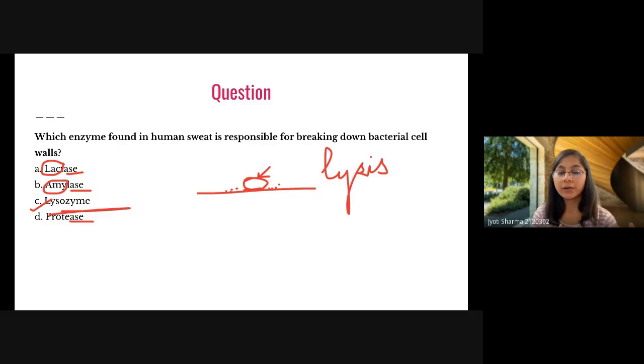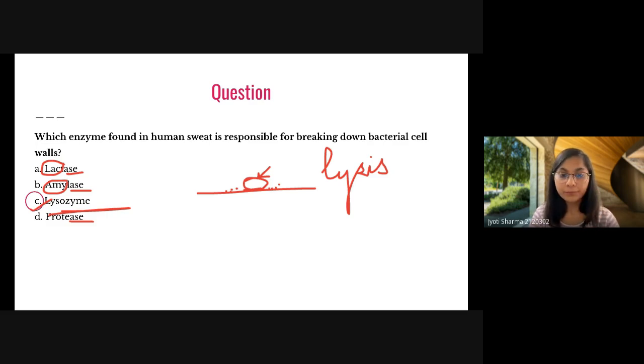So we have a very powerful and protective enzyme known as lysozyme in our sweat. Whenever we sweat, that enzyme is secreted and helps protect us from bacterial infection. The name is taken from lysis, which means breaking down, so the enzyme name is lysozyme. That's why C is the right answer.